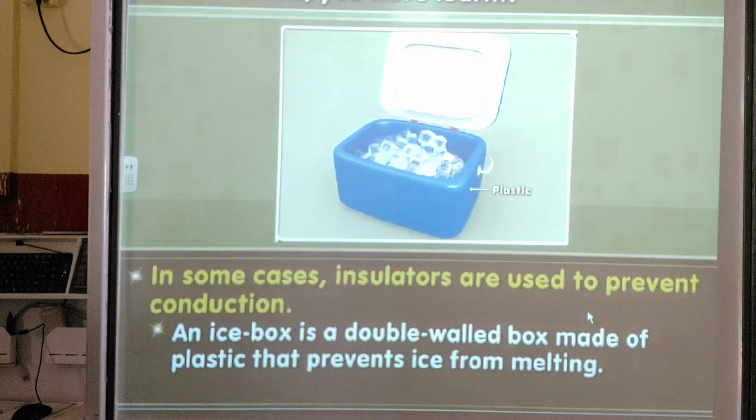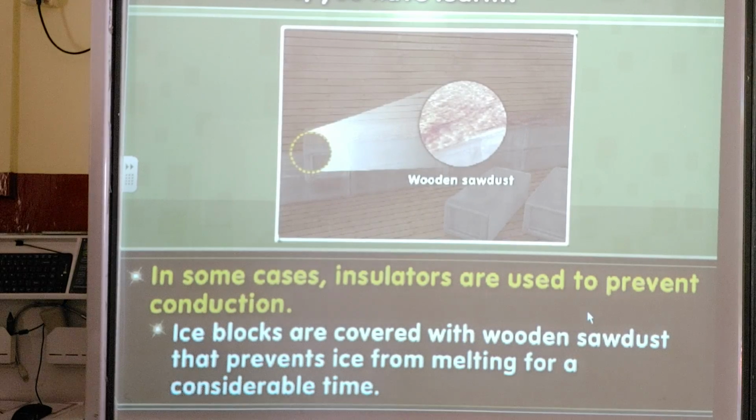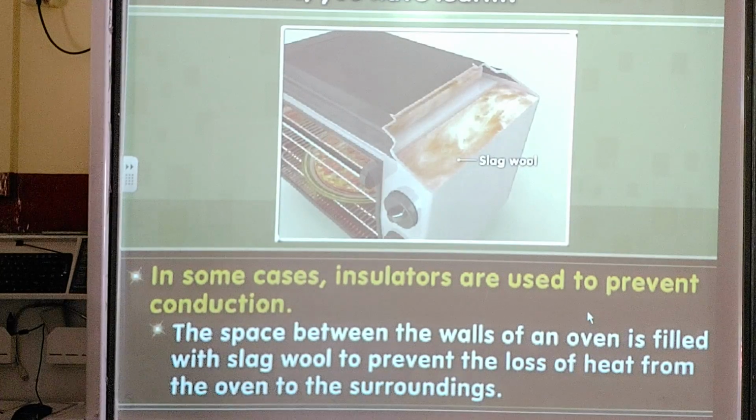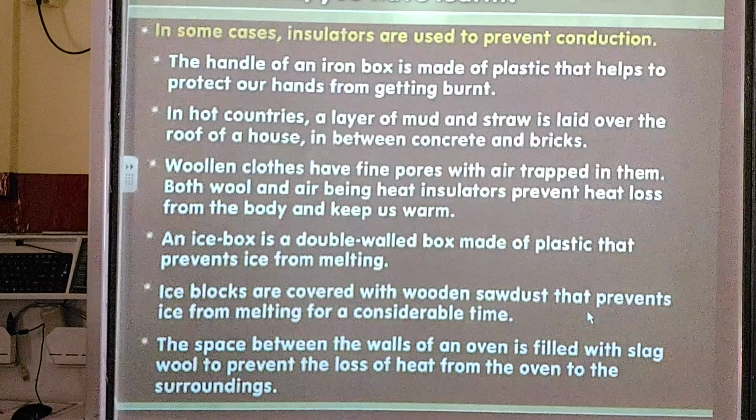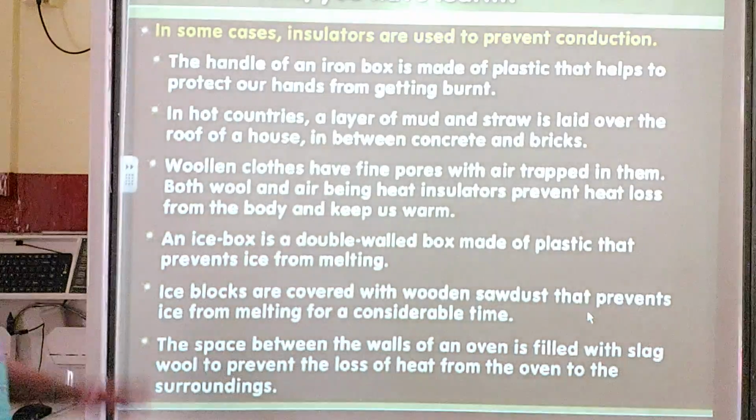An ice box is a double-walled box made of plastic that prevents ice from melting. Ice blocks are covered with wooden sawdust that prevents ice from melting for a considerable time. The space between the walls of an oven is filled with slag wool to prevent the loss of heat from the oven to the surroundings. So these are the insulators that are used to prevent conduction.